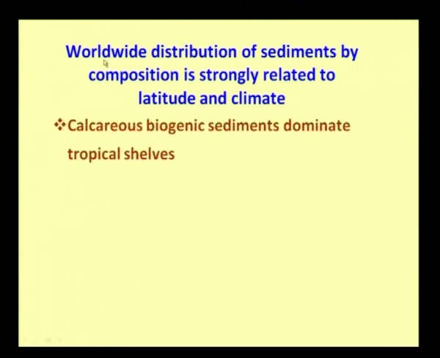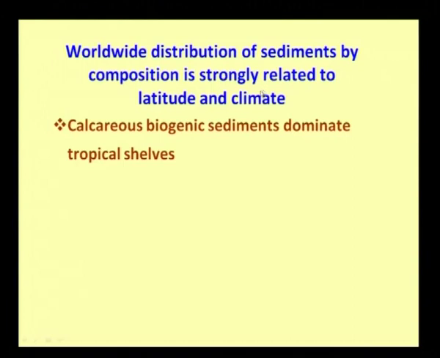And now, the worldwide distribution of sediments by composition is strongly related to the latitude and climate, because the type of soil at a particular place depends upon the latitude and the climatic condition in that area. Therefore, there is a particular relationship between the type of soil available and the latitude and climate, and depending upon that, the sedimentation can be divided into some categories.